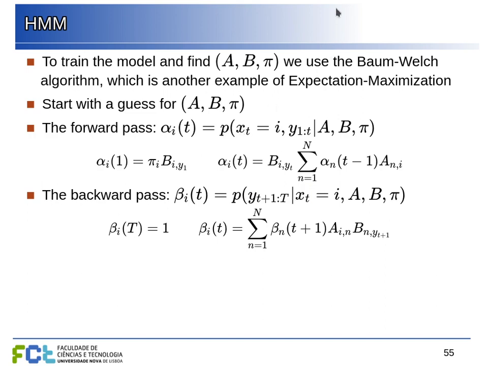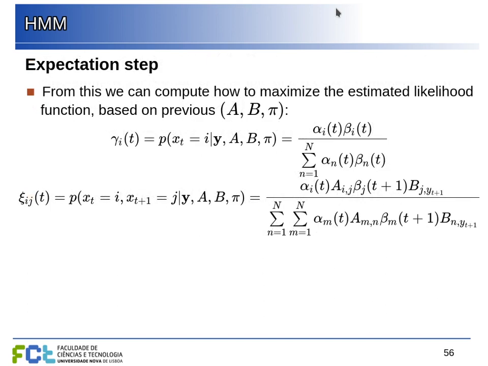So now we can use these together to compute these probabilities here. One is the probability of having the state i at time t, given all the observations that we have so far, so considering the whole sequence of observable variables, and of course we need to assume the parameters for the hidden Markov model.